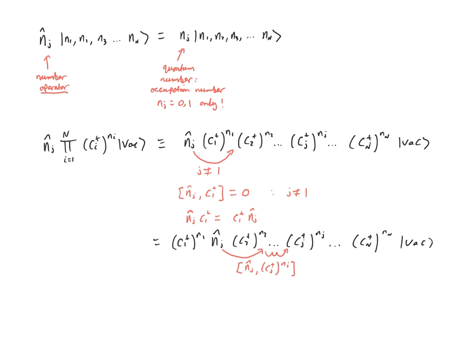And then I have to consider the commutator of nj with Cj dagger. And we just worked that out. That gives us Cj dagger. So you can actually combine both of these together and obtain the following: the commutator of nj with Cj dagger to the power of nj. If nj is equal to 0, you get 0. If nj is equal to 1, you get Cj dagger.